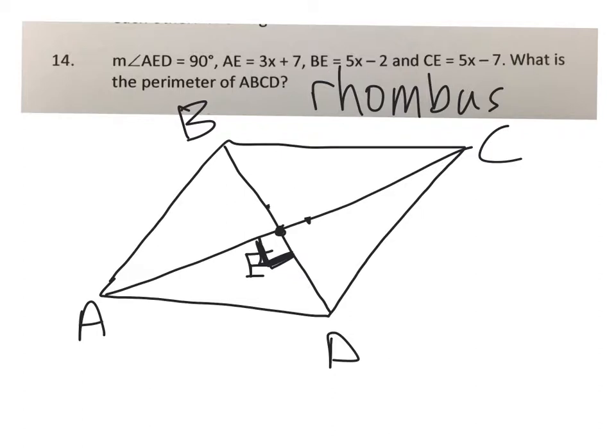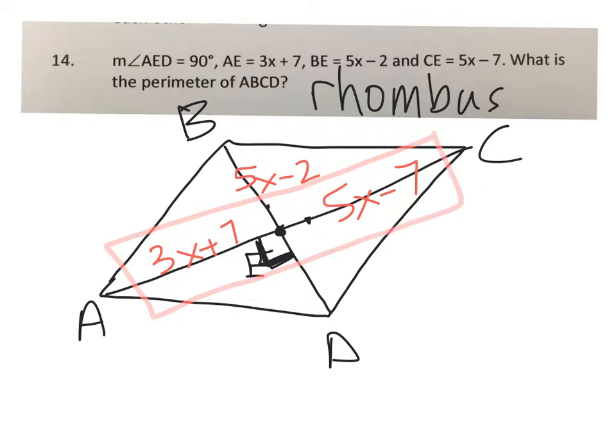Now we know this much is 3x plus 7, and BE is 5x minus 2, and CE is 5x minus 7. So because this is a parallelogram, we know that the diagonals get bisected.